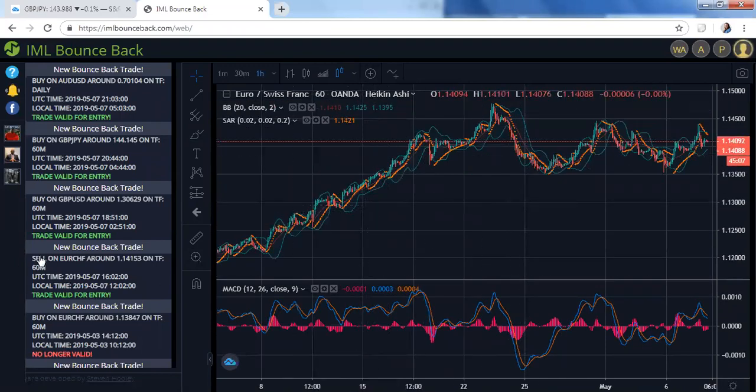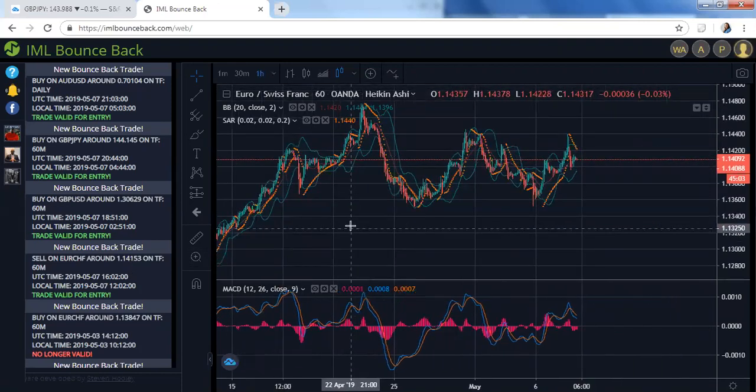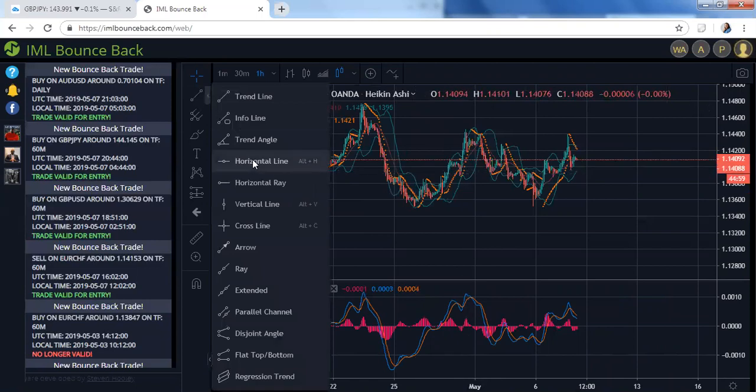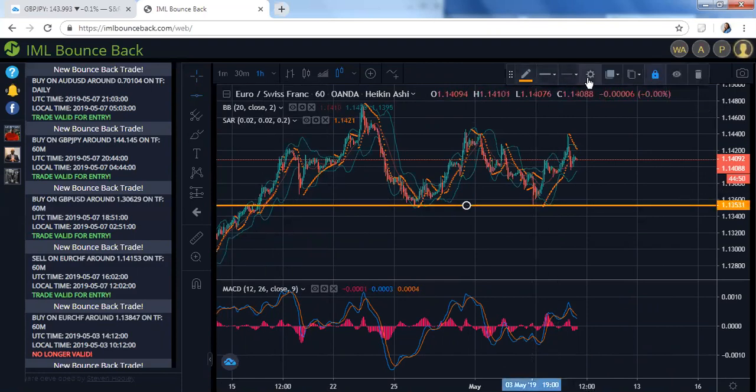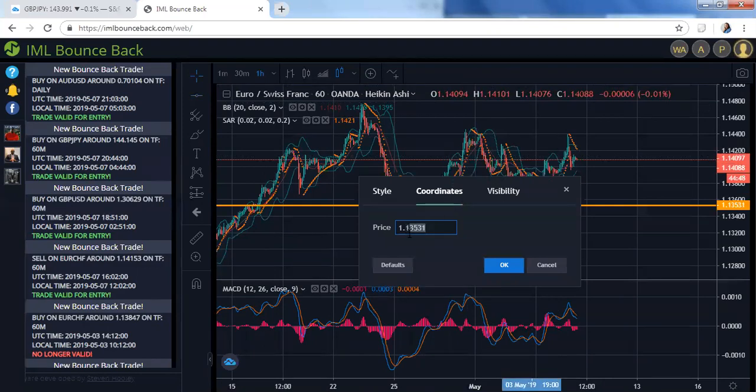So Euro CHF called a sell around 114.153, right? So I'm going to use Bounceback interface for now, and then we're going to go straight into Telegram. 114.153. So put in our horizontal line, looking for that entry price.